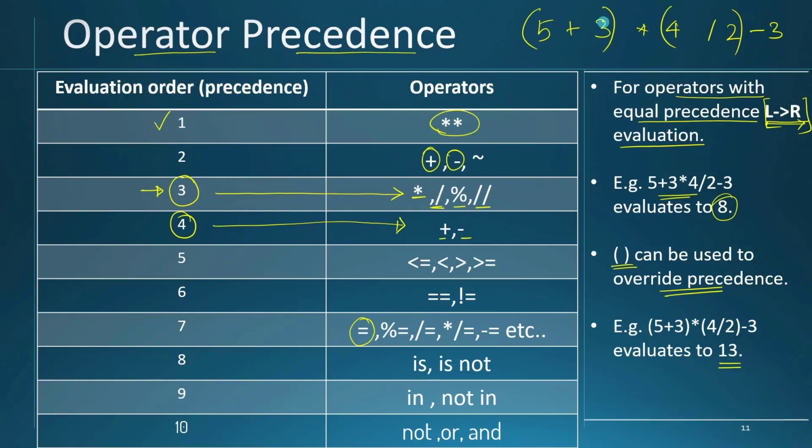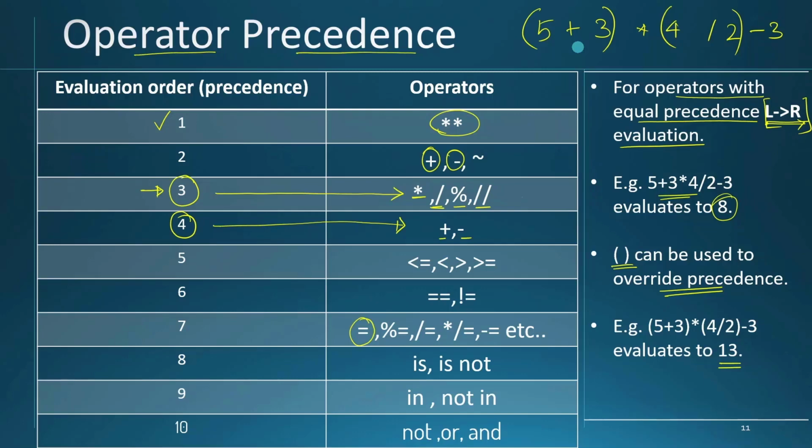You can always provide brackets and inform Python, this is exactly how I want you to evaluate. In this case, Python will forget about the precedence. Based on your brackets, it will evaluate and produce a result. In this way, you can override the precedence and, based on your own evaluation criteria, make an expression work with the help of brackets.